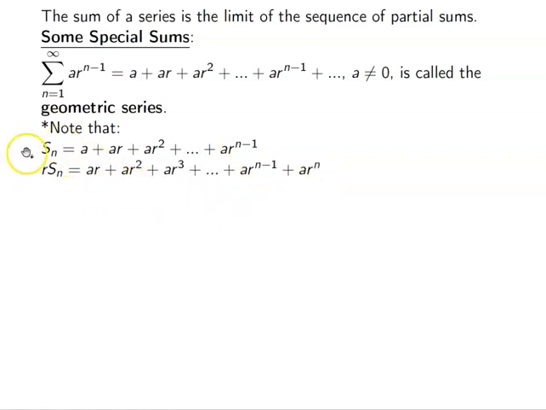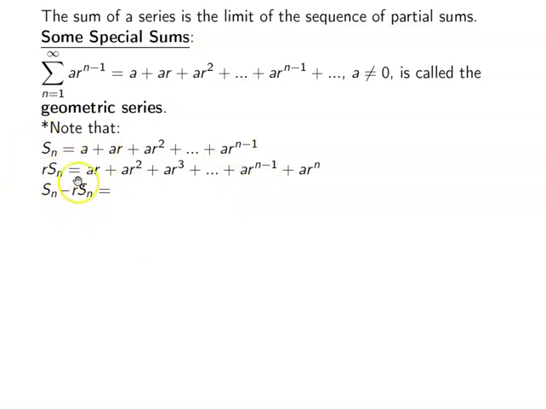Now if I multiply my previous result, the first n sums, by r, then it looks like this. Instead of my last term being ar to the n minus 1, my last term would be ar to the n. Instead of my first term being a, it would be ar. And every power increases by 1 because I'm multiplying by r.